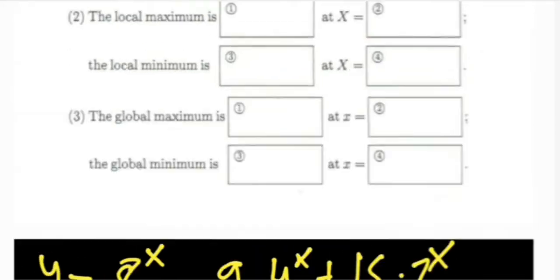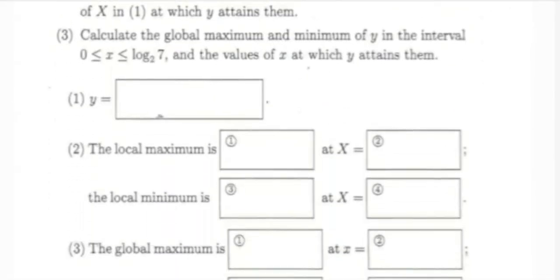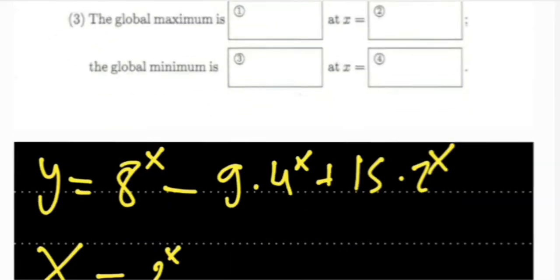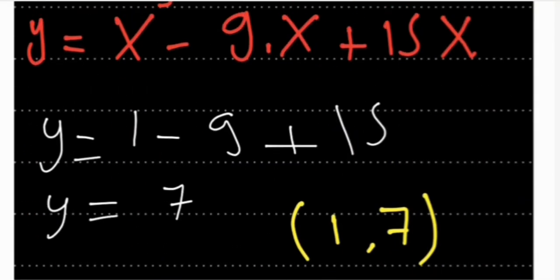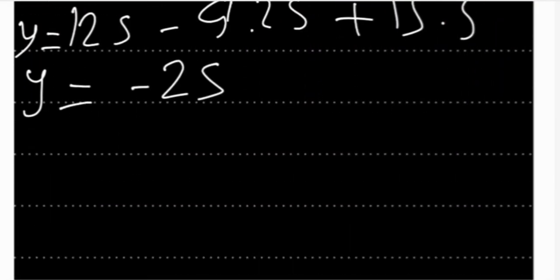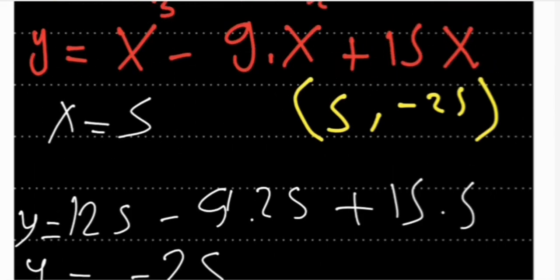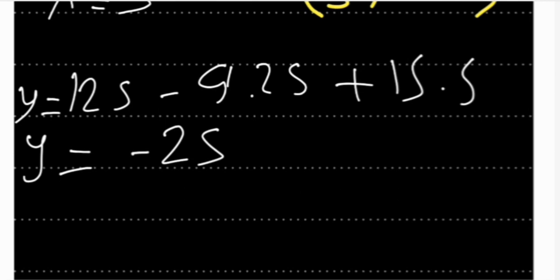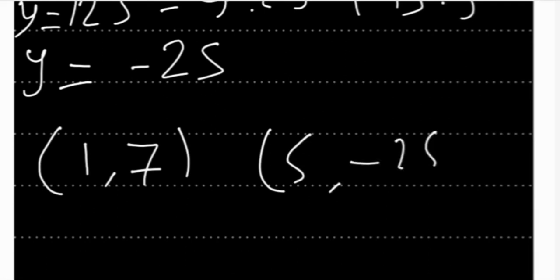So what is he asking us? The local maximum is, okay, so the local maximum is at 7. Look, our points were 1 and 7 and 5 and minus 25.